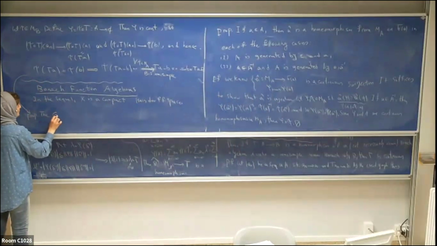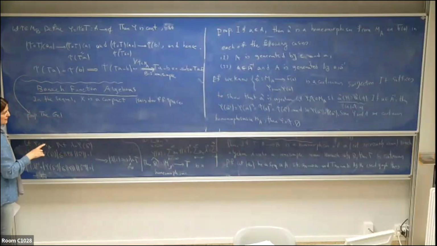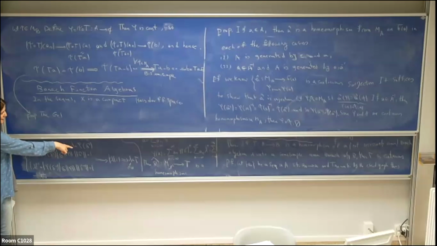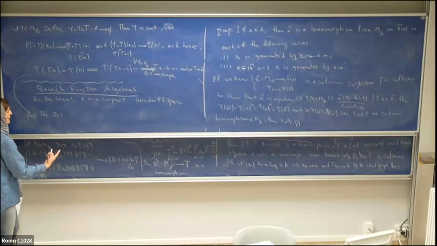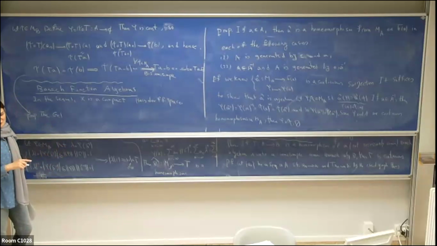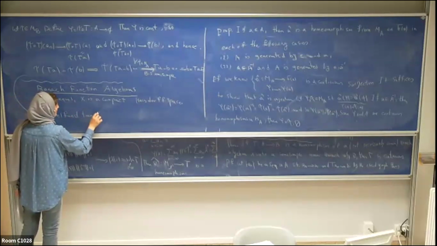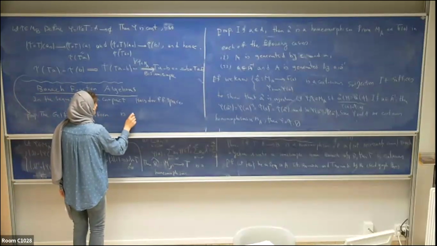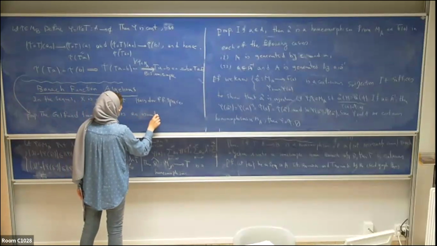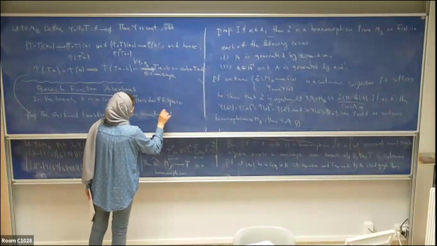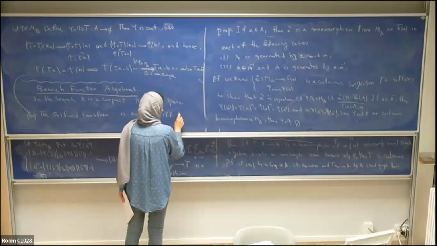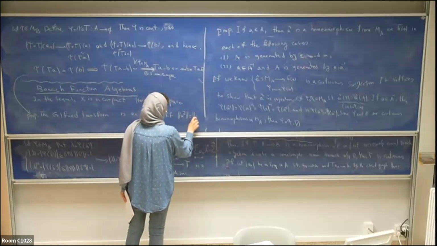The Gelfand transform. We know that the Gelfand transform is norm decreasing, because as you see in that theorem, the supremum norm of A hat is at most the norm of A. I want to say that the Gelfand transform is an isometry, I mean that for each A, the norm of A is the supremum norm of A hat, if and only if for each A we have this one.